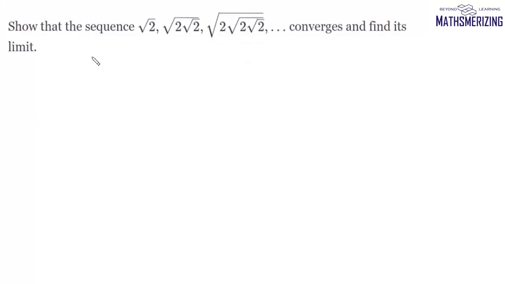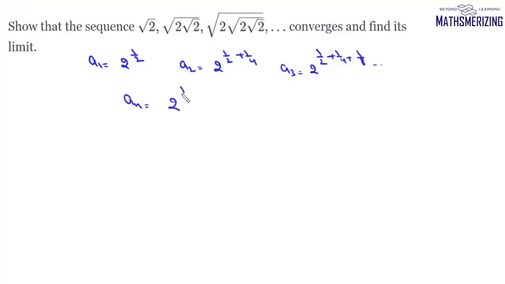Now for this question, a1 is 2 to the power 1 by 2, a2 is 2 to the power 1 by 2 plus 1 by 4, a3 is 2 to the power 1 by 2 plus 1 by 4 plus 1 by 8, that is, an is 2 to the power 1 by 2 plus 1 by 2 square up to 1 by 2 to the power of n.